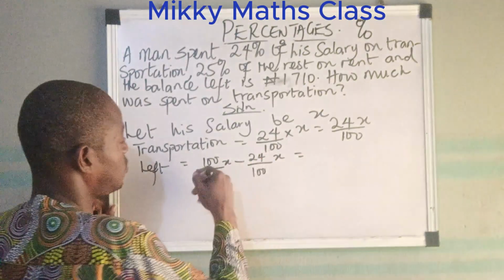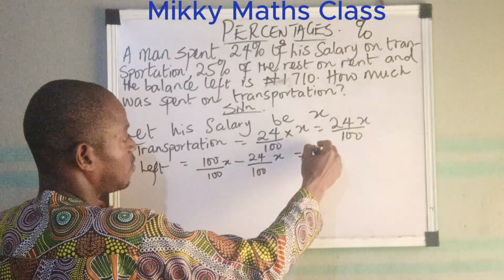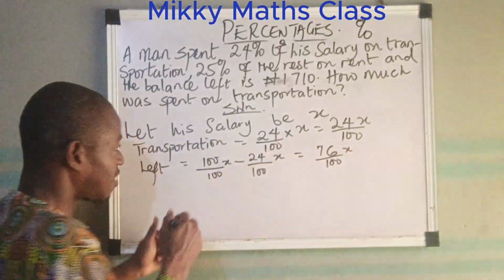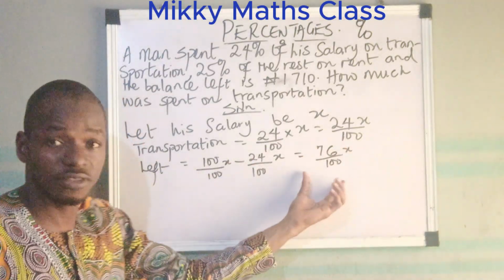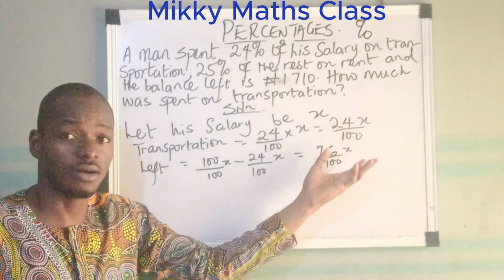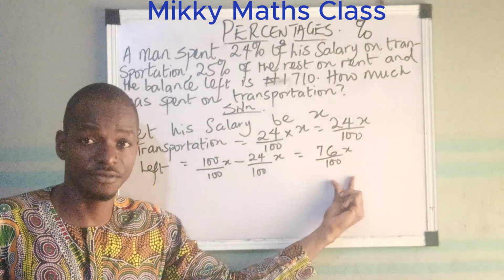That will give us 76 over 100x. That's the amount he has left after he has spent 24% x on transportation.